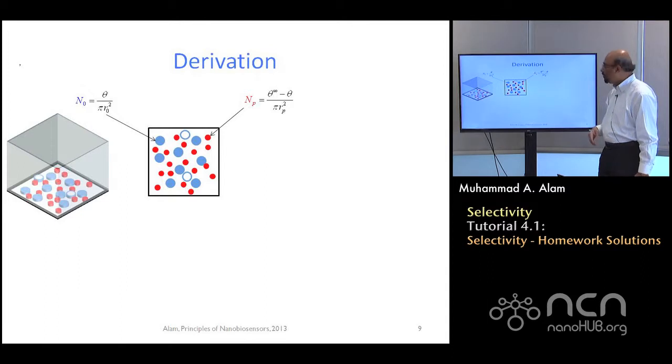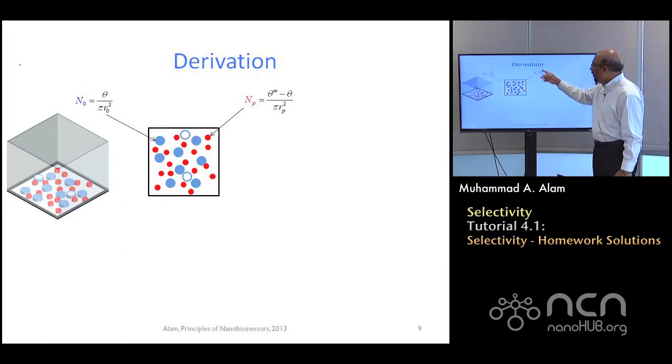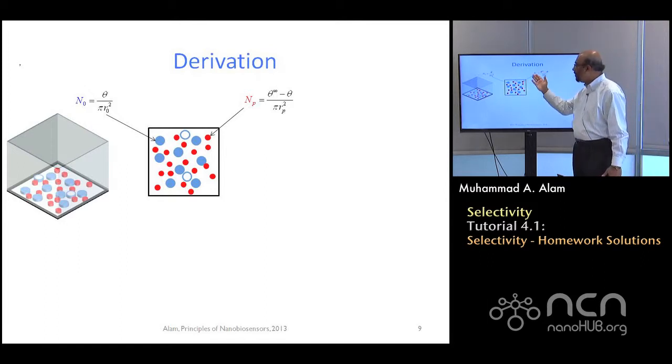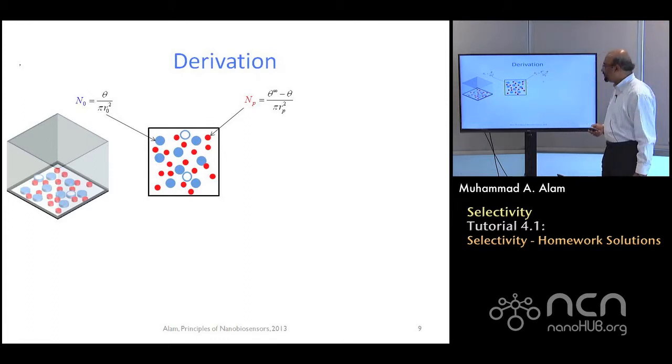Theta infinity is about 0.54, but of that 0.54, the blue has already taken a certain amount of space. The remaining space can be filled by the parasitic molecule, pi r squared. So that gives me the potential number of parasitic molecules that can sit here.